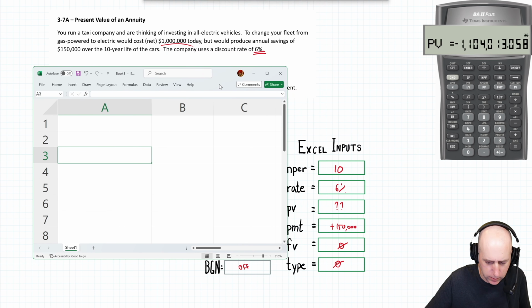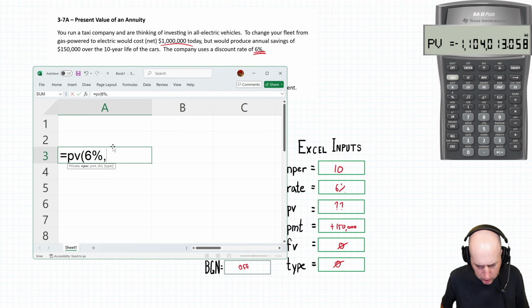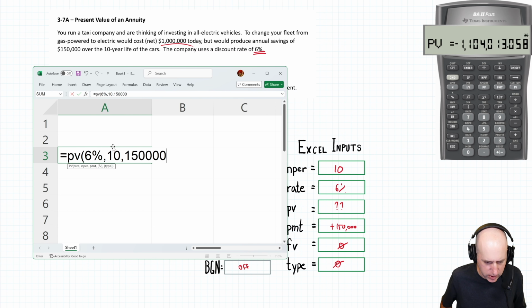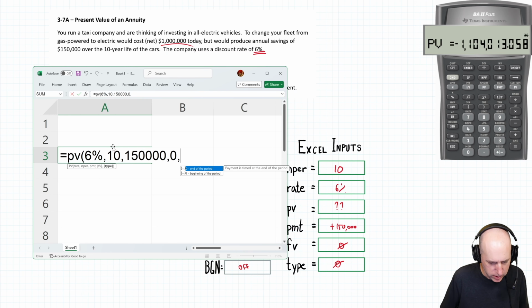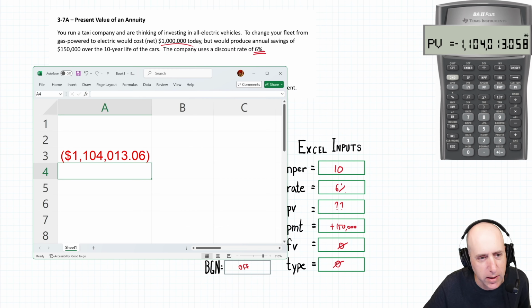Let me move this over just a touch. Okay, so we're solving for PV equals PV, bracket, rate 6%, comma, nper number of periods 10, comma, PMT 150,000, comma, FV 0, comma, type 0. This is an end of period annuity. So hit enter, 1,104,013. I see the number matches.